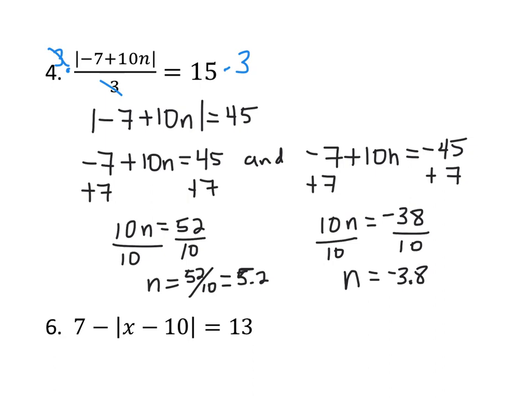If I were to reduce this fraction of 52 over 10, it would reduce to 26 over 5, and this fraction of -38 over 10 would reduce to -19 over 5. So you may see your solutions on the test as fractions or as decimals, so just make sure that you practice both.